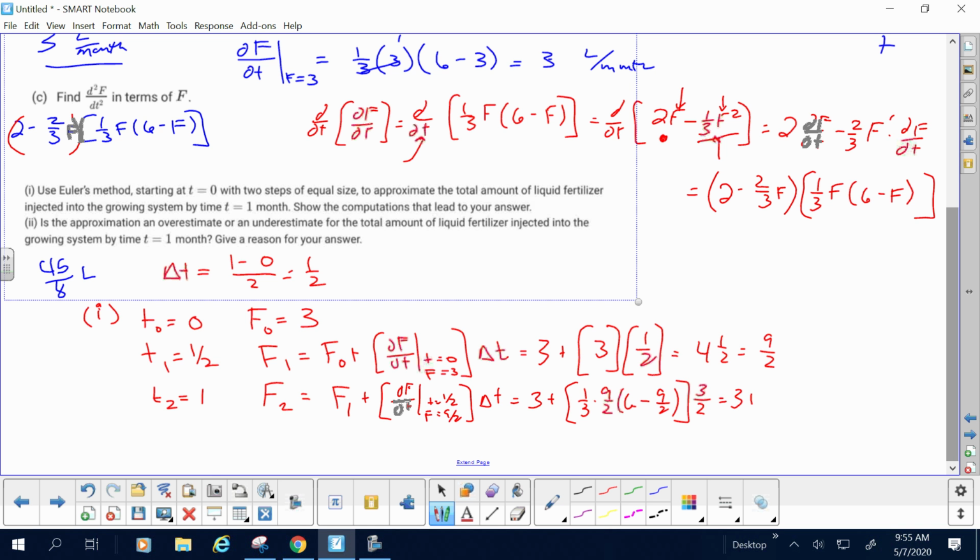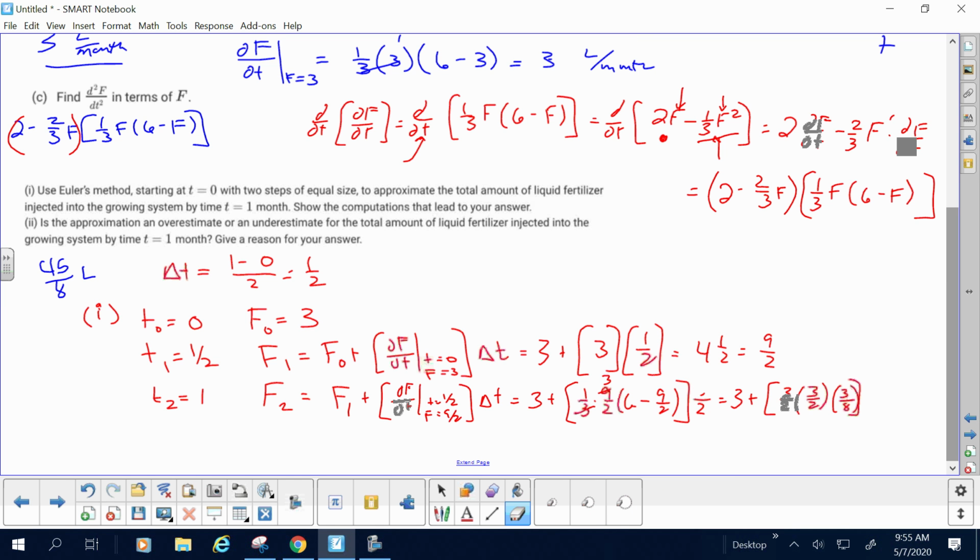But I'm going to go on and say something like, if I take 3 halves times 3 halves, let's just go 3 halves times 12 halves minus 8, that's 3 halves times 3 halves. That doesn't look familiar. Oops. Delta t is 1/2. I don't know what I'm thinking. 1/2.